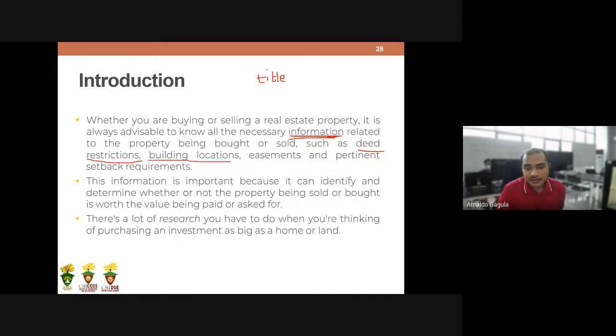Building locations: are there houses or other establishments on that specific tract of land? We need to determine those locations because they may have extended beyond the tract of land.